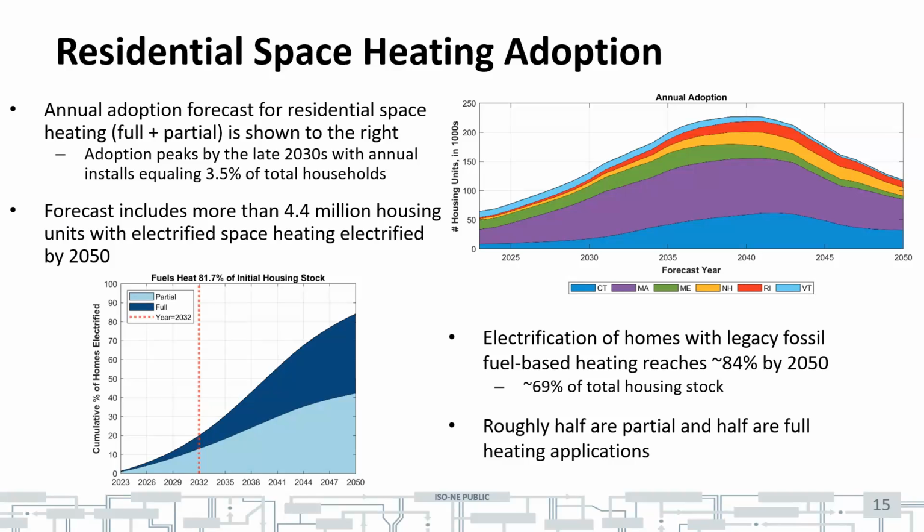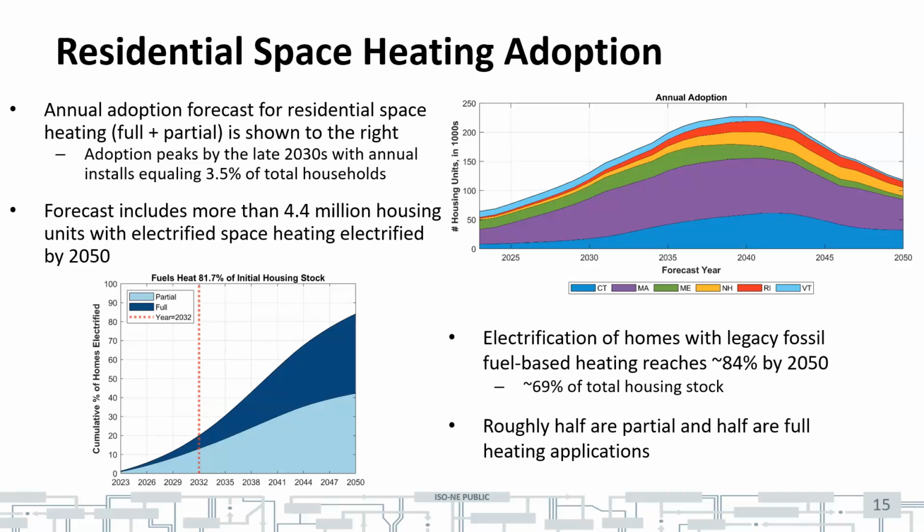This is an important check because assumed here was a 20-year measure life for HVAC equipment. So this is about 60-70% of that total stock turnover in any individual year in our modeling. Overall, about 4.4 million residences electrified by 2050, and that dashed line is the end of our 10-year forecast horizon.